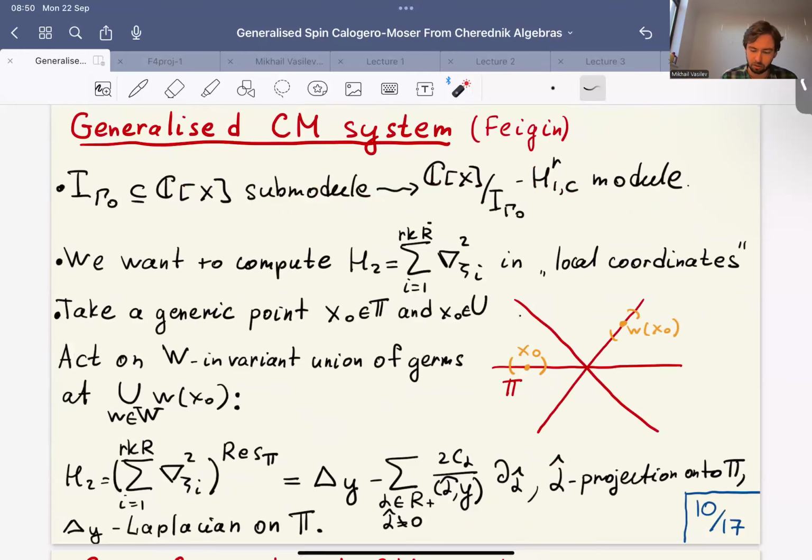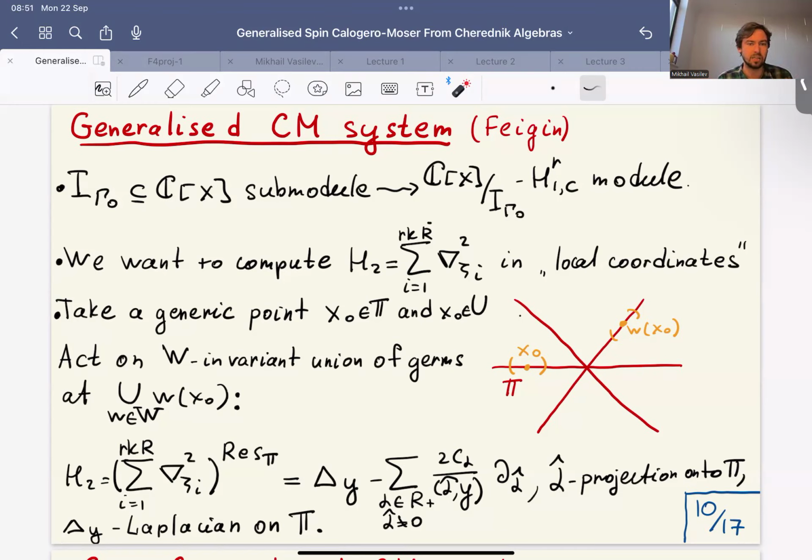So how do we construct a generalized Calogero-Moser system? We take this invariant parabolic ideal, and we insist that it is really invariant under the action of the whole Cherednik algebra. So it is a submodule, and then we construct a factor module, which geometrically is just the space of functions on this union of planes. Then we compute the sum of squares of Dunkl operators, and we want to act in local coordinates on functions on this union of planes.